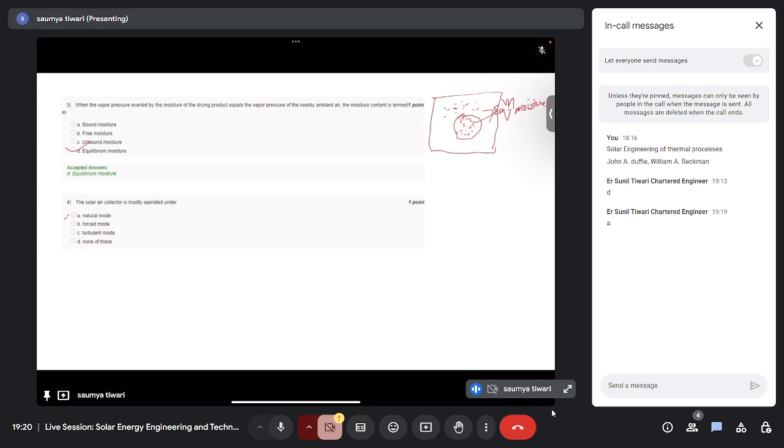Okay, if you remember, we have seen in most of the setup, say if this is your wall, this is your perforated wall, and if the air is coming from here, there are some fans or blowers used here.